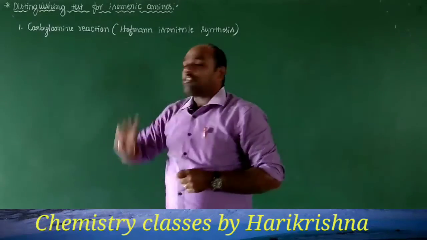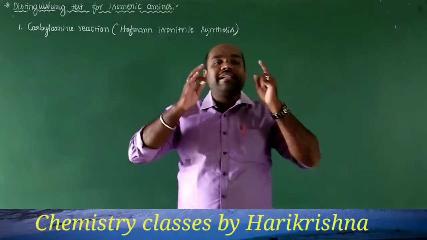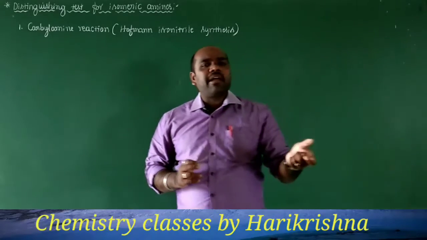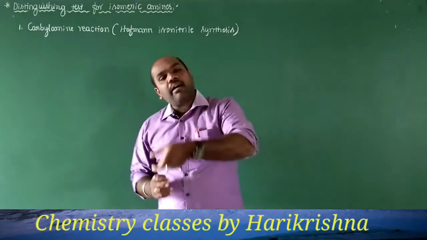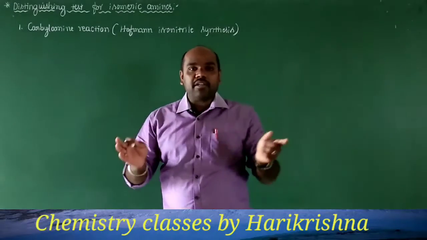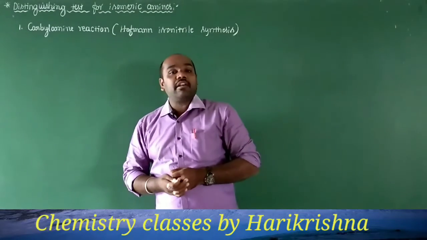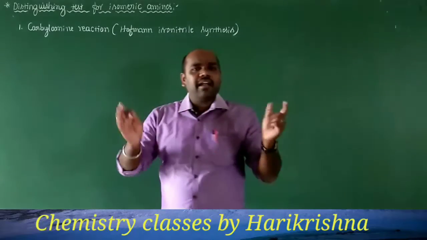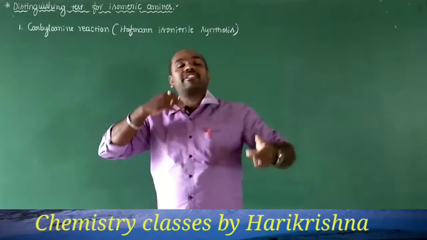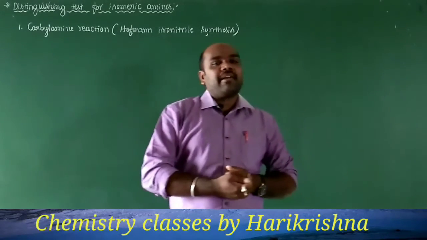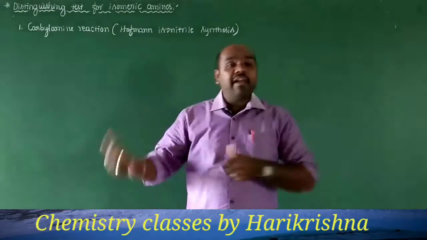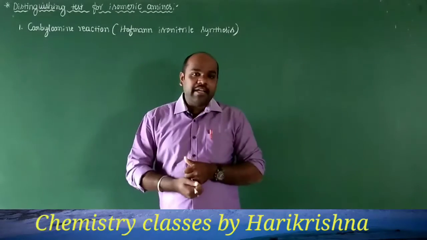That means it gives an answer only for a primary amine, which may be aliphatic or aromatic. But it will not give an answer for secondary and tertiary amines. At the end of the discussion, we shall see why it answers only for primary amines.